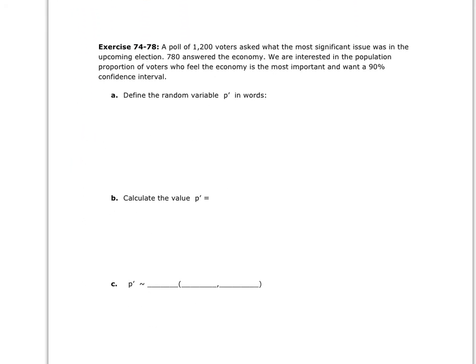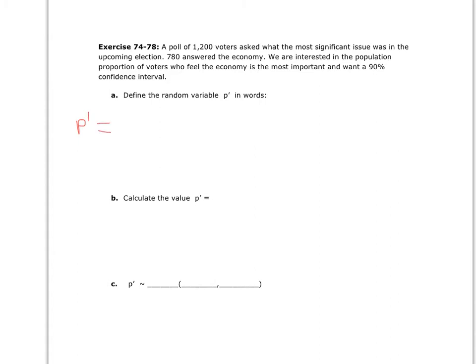A poll of 12,000 voters were asked in a poll what the most significant issue was in the upcoming election. 780 answered the economy. We are interested in the population proportion of voters who feel the economy is the most important and want a 90% confidence interval. Okay, let's first of all define this random variable P prime.